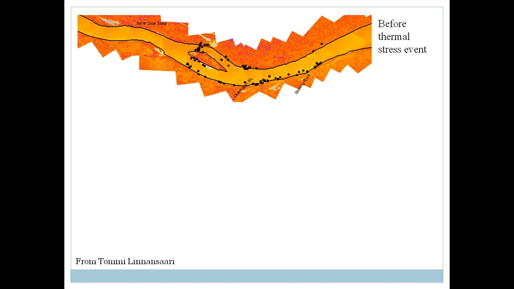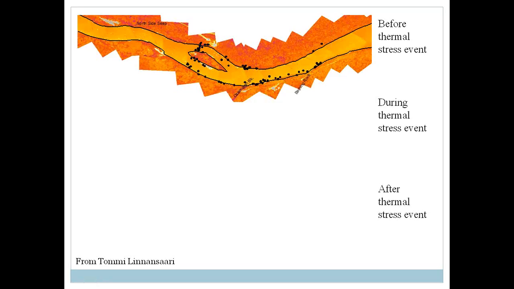Because for a lot of the salmon within the system, once the water temperature goes above a certain threshold, then the fish suffer stress, and they may alter their behavior and move to these cold water refugia. So before the thermal stress event, each of these dots here represents an individual fish.